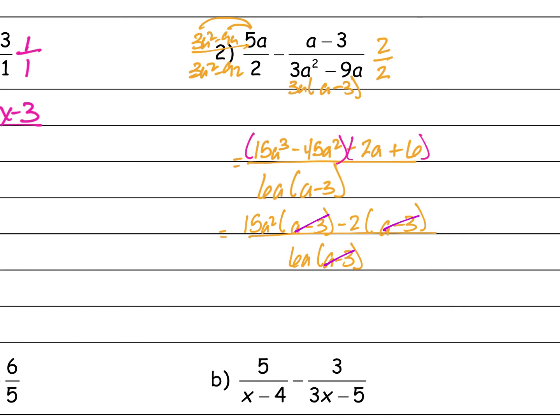Because I have one in each term. So I should get 15a squared minus 2 all over 6a. Beautiful. I think that's right. That was really ugly, but that works.